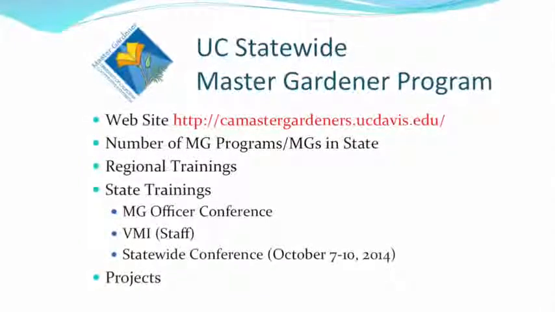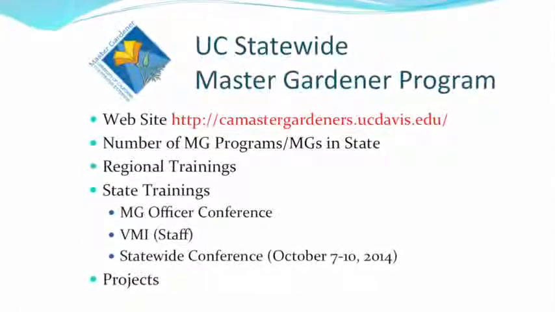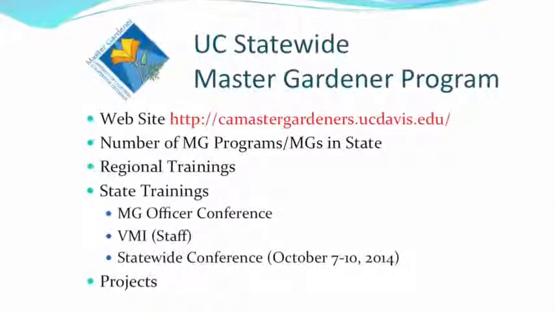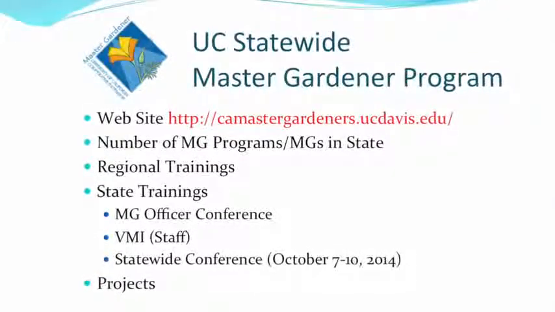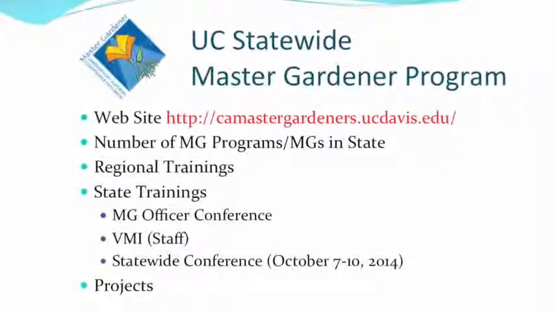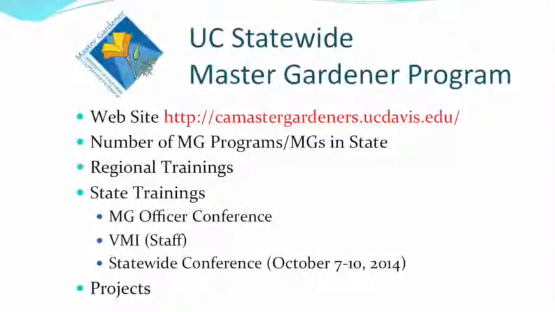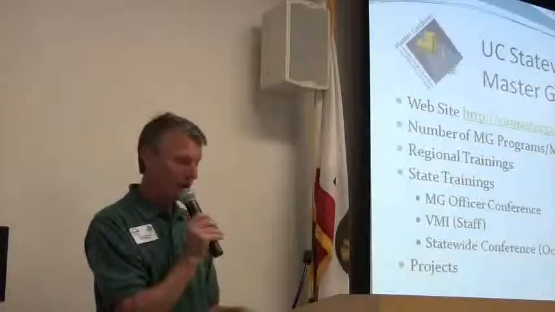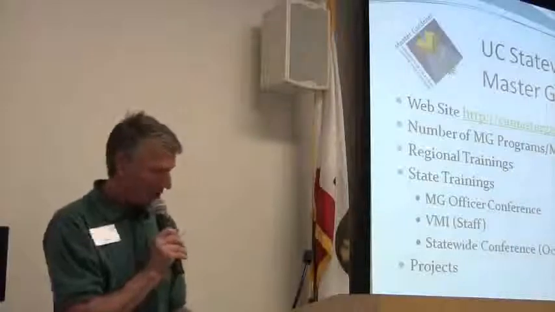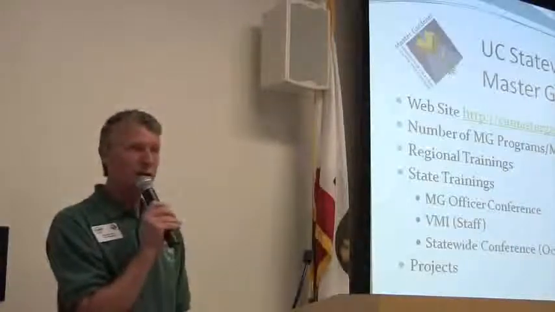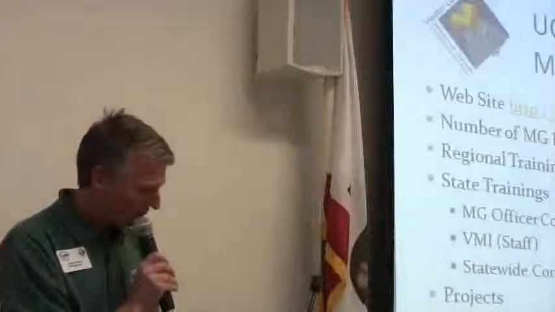I appreciate that. So I can give you some of the accurate figures here. Currently there's 45 Master Gardener programs in California. As I said before, 4 of those are similar to us and have 501(c) status. We've got about 6,000 Master Gardeners active right now in the program.